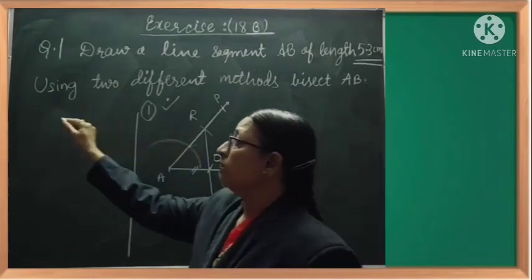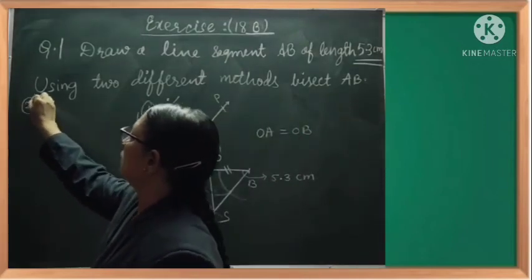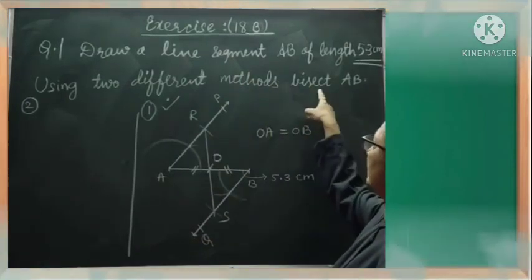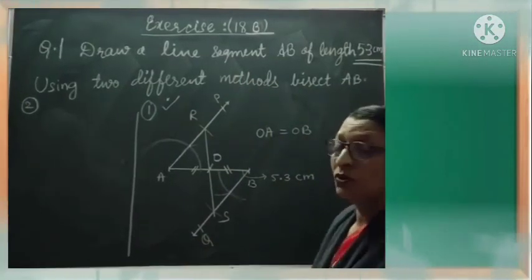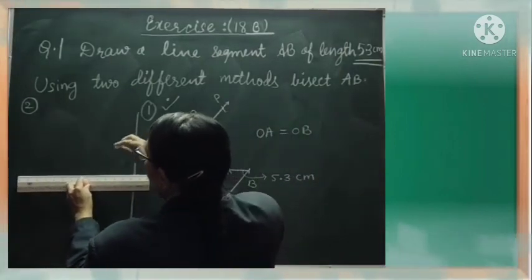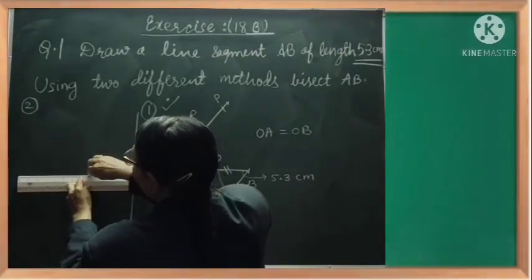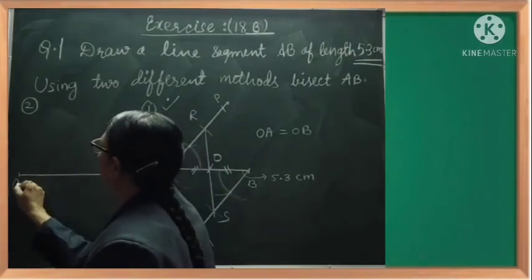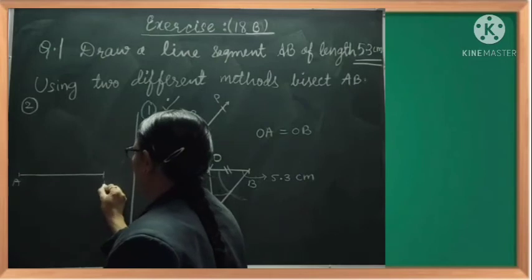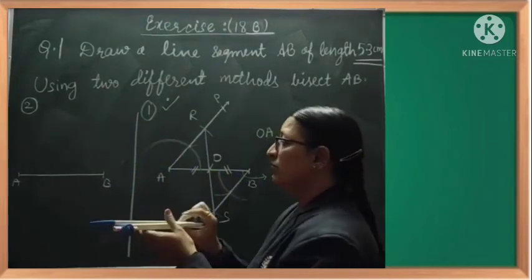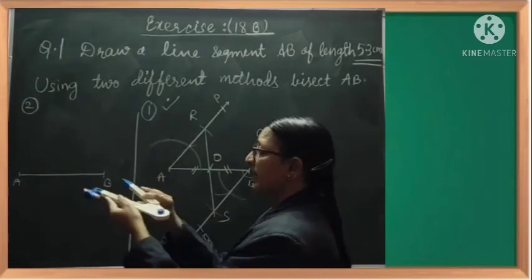Now we will go with the second method to draw a bisector to the segment AB. So first thing, we will draw a segment AB. By taking a compass, we will draw a bisector to AB.